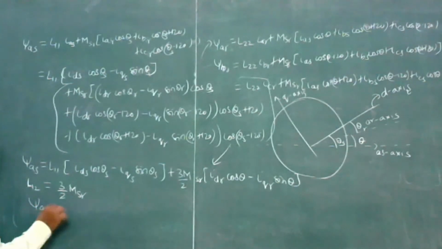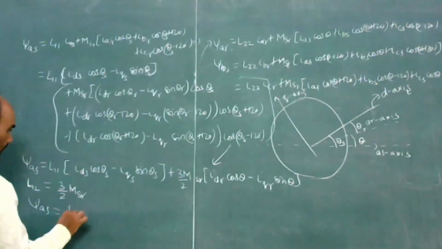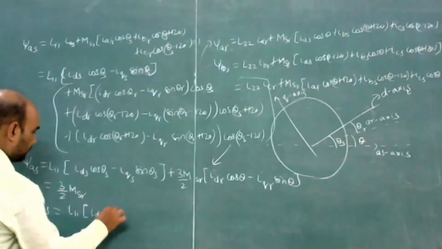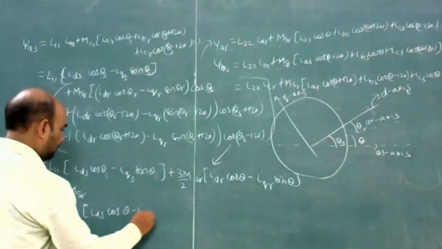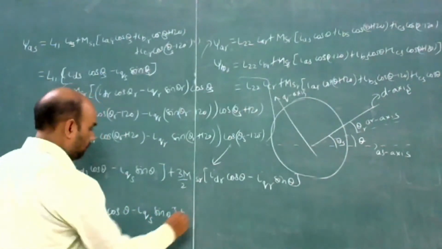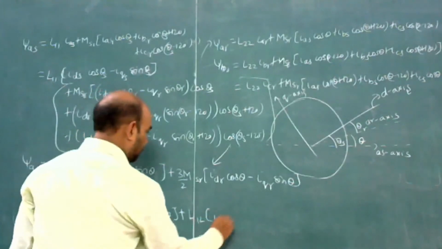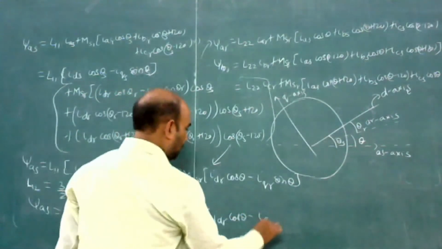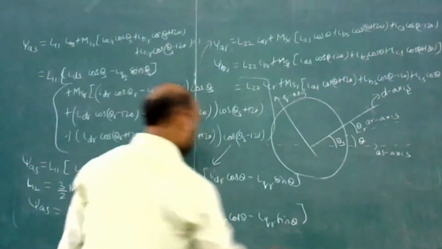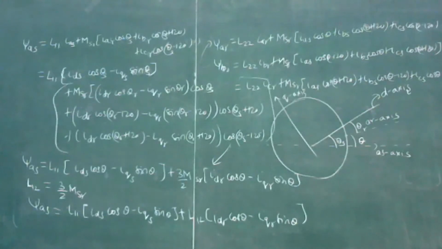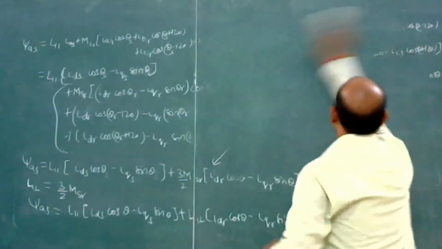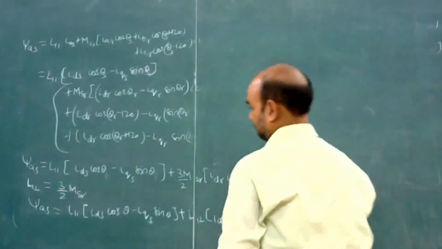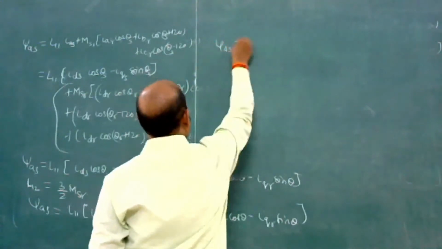So psi AS will be equal to L11 IDS cos theta minus IQS sin theta plus L12 IDR cos theta minus IQR sin theta.